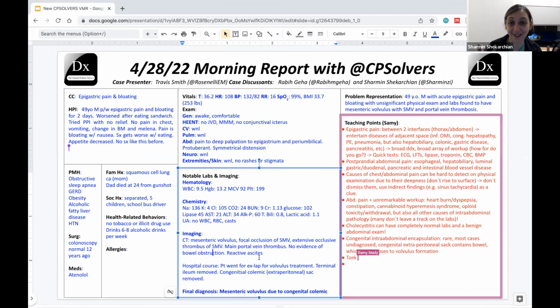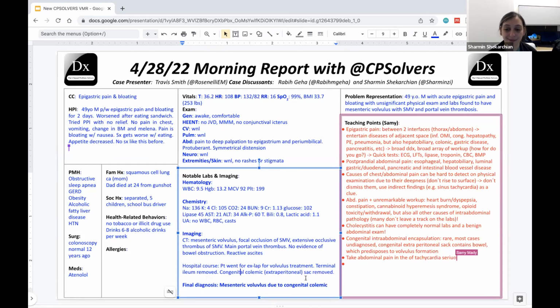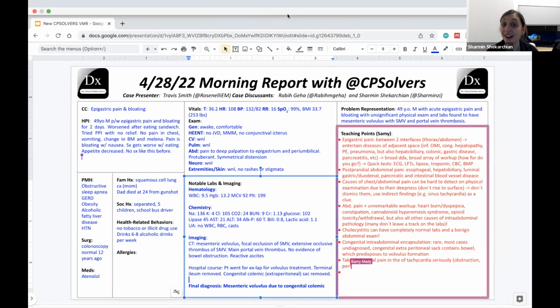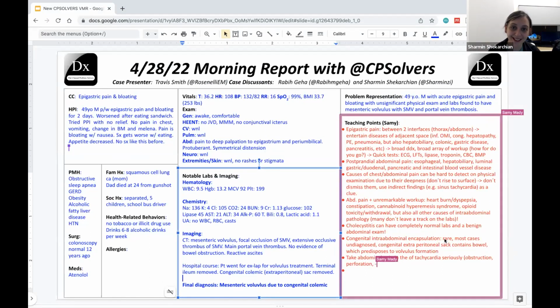I think it's a classic great ED case. I don't think about volvulus as much. Usually my general surgery colleagues are incredibly helpful, but again, it's things to think about. Obstruction and volvulus are all really important, and I'm just impressed by the pathology and relatively benign presentation.